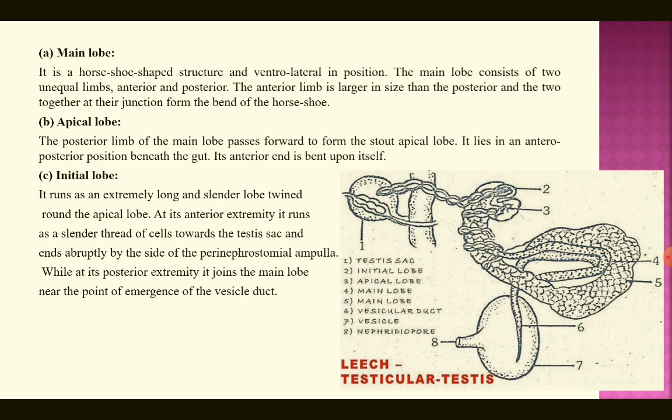At its anterior extremity, it runs as a slender thread of cells towards the testis sac and ends abruptly by the side of the perinephrostomial ampulla, while at its posterior extremity, it joins the main lobe near the point of emergence of the vesical duct.